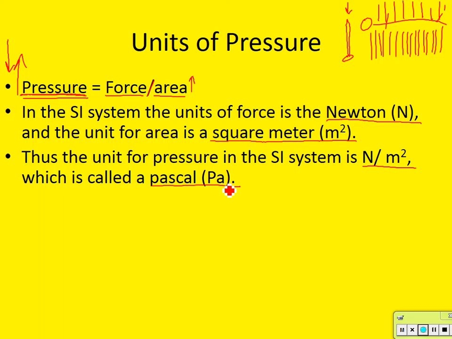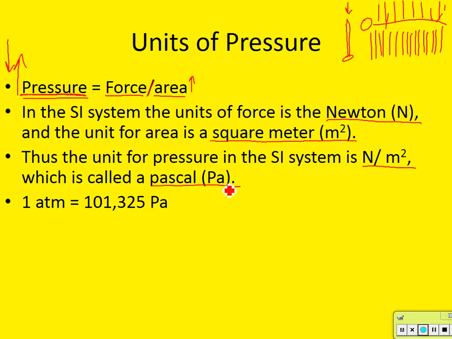Yeah. Let's go through some more. So here are the conversion factors. You have to write these in your books. 1 atmosphere is equal to 101,325 pascals. Is a pascal a very large or small unit of pressure? Very small.